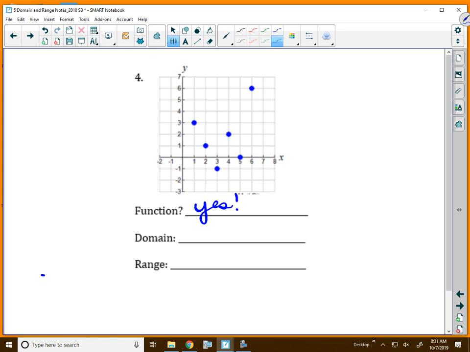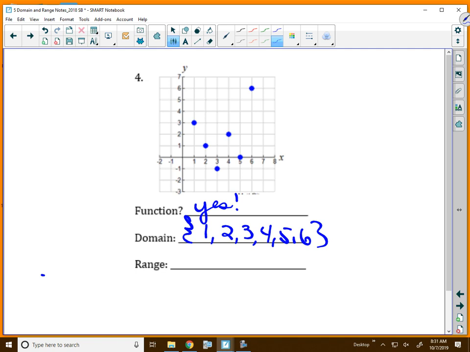When you do the domain and range, you have to list your numbers separately because they're not consecutive. So we have 1, 2, 3, 4, 5, and 6 for our domain. If I listed it as 1 to 6, then that implies every number in between those as well. So, 1.5, 2.5, all of those.